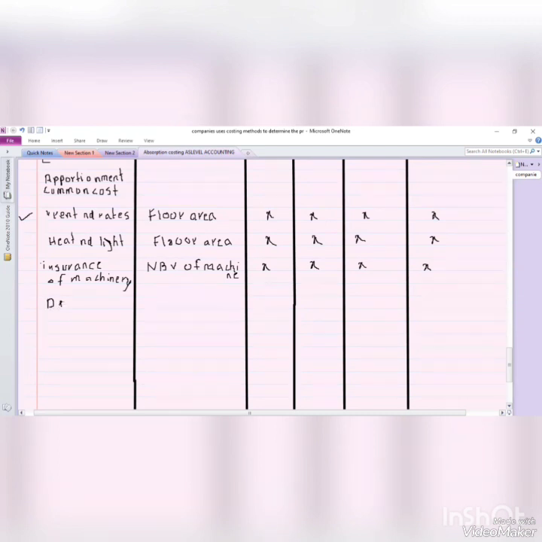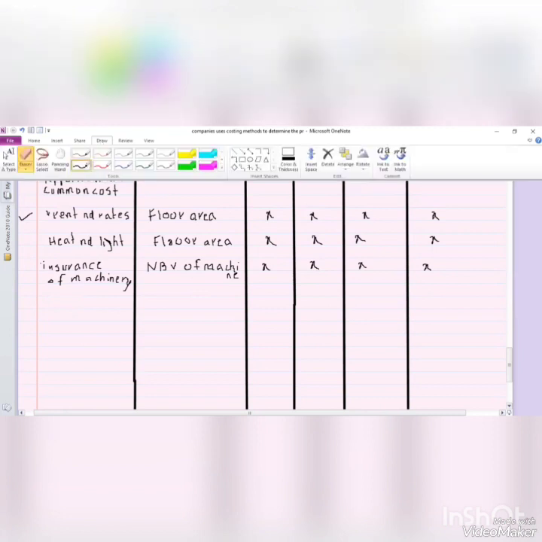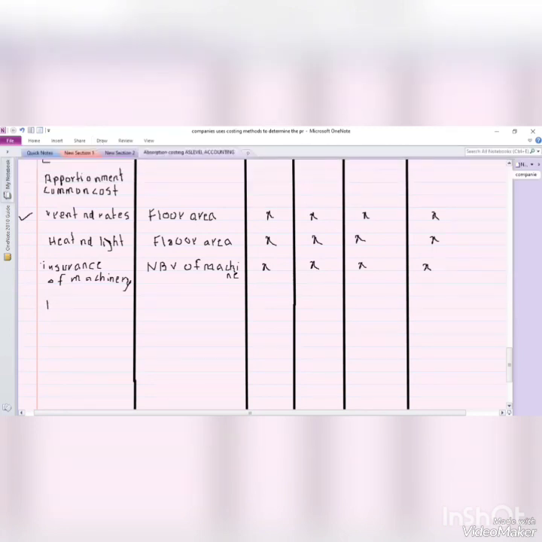Okay. So for example, if you have depreciation of machinery, which fair basis should we use?